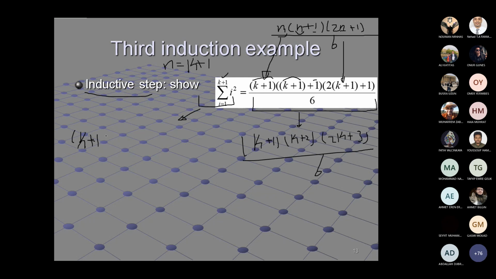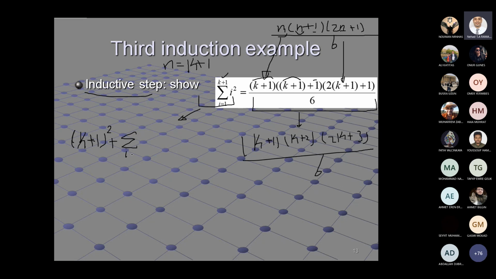We divide it into two summations: k plus 1 to the power 2, when i equal k plus 1, plus the summation of what?